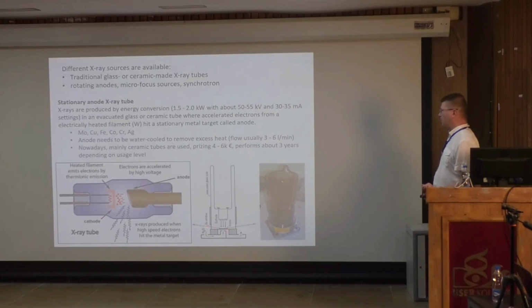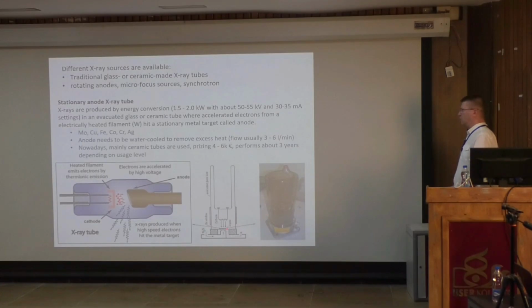It will melt if it's not cooled down. The current new systems control this, and if the water circulation stops, it will shut down the instrument, because otherwise it might explode. But when there is no power, there is no radiation, so the X-ray tube itself is safe. It only makes X-rays when the power is on, when we're shooting electrons in there.